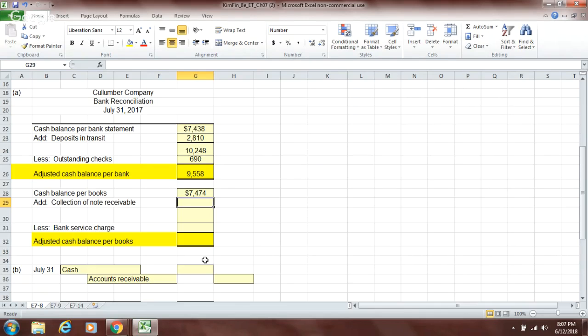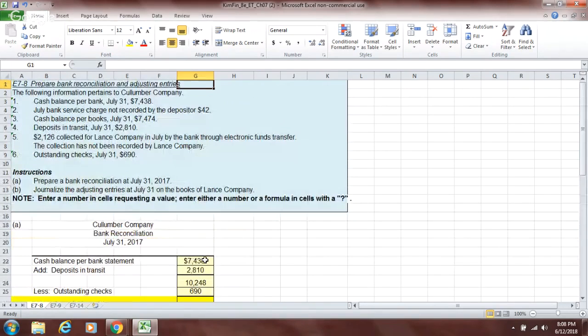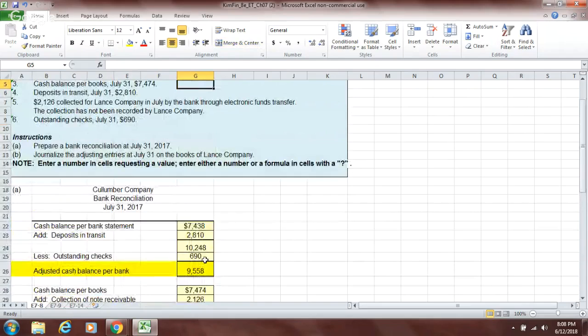Our clients have made some payments through the bank by electronic funds transfers. So in item number 5, we see that the bank had collected 2,126 that we have to write in here. 2,126, I believe it is. And it is. It doesn't say any fees or any interest about it, so that's the only thing we have to put on.